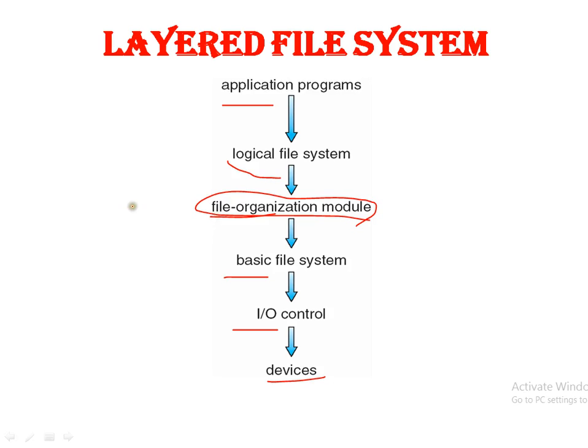Next, what do we mean by logical file system? It manages metadata information. The metadata can include all of the file system structures except the actual data, or the contents of the files.